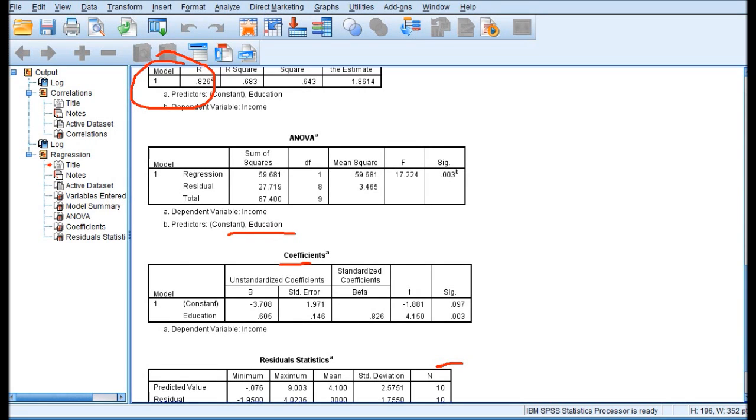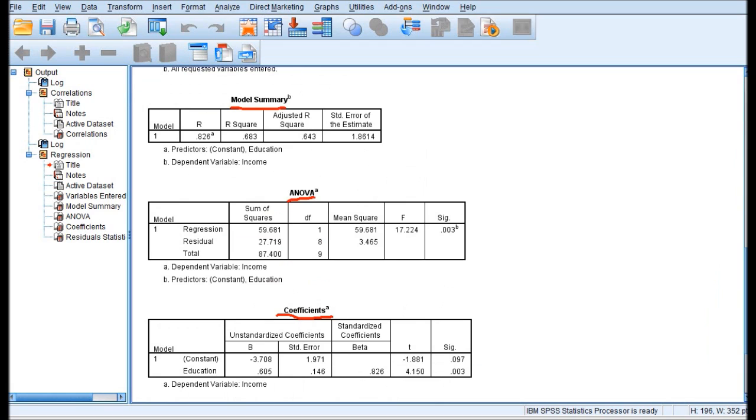And the coefficient table. We are going to use all these three tables for our linear regression analysis.